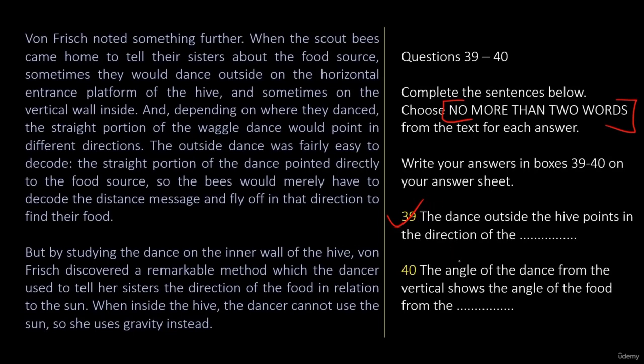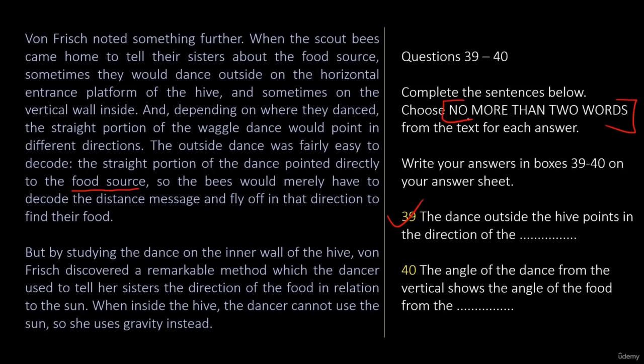Now, if you look at this one, the dance outside the hive points in the direction of the answer, here, food source. The outside dance was fairly easy to decode. The straight position of the dance pointed directly to the food source.